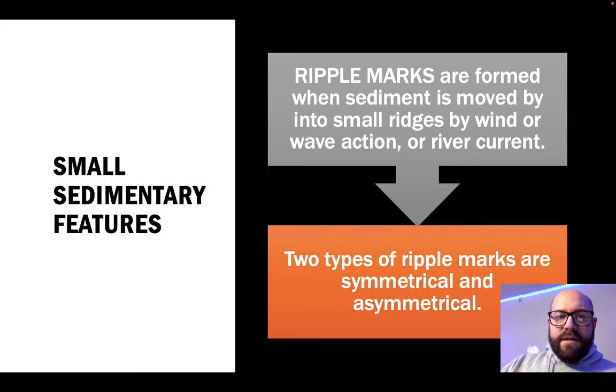Let's talk about sedimentary features. Ripple marks. Ripple marks are formed when sediment is moved into small ridges by wind or wave action or river current. There are two types of ripple marks that we're going to talk about: symmetrical and asymmetrical.